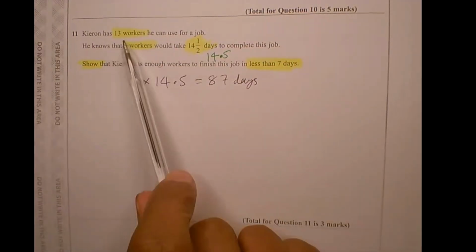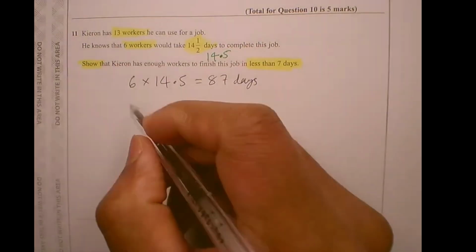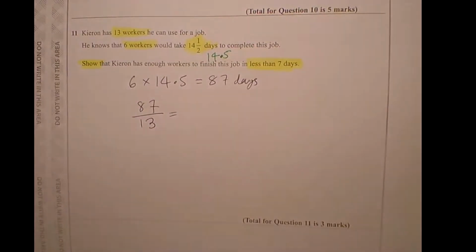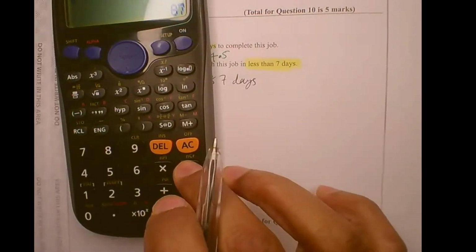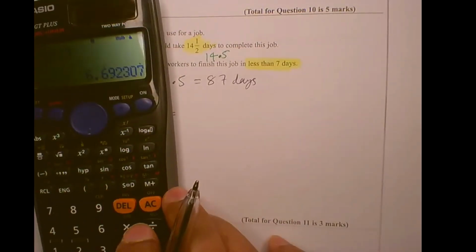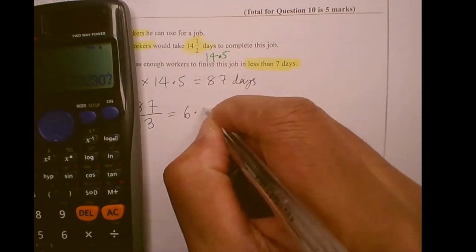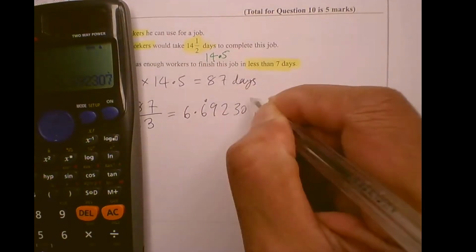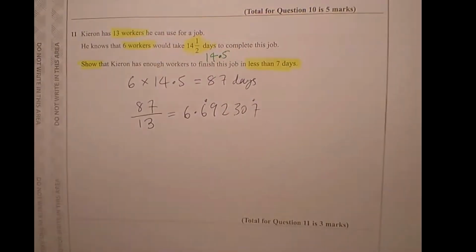And I've got 13 workers, so I'm going to be doing 87 divided by 13. Okay, 87 divided by 13, that gives me 6.692307 and 6, and they are recurring.